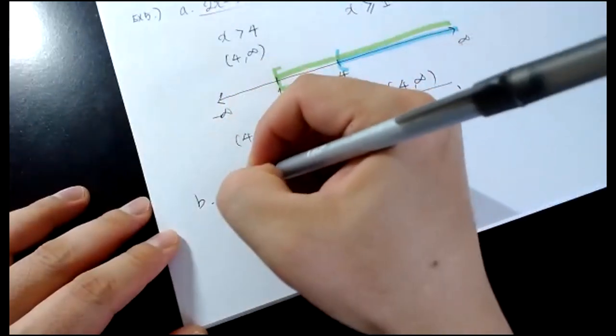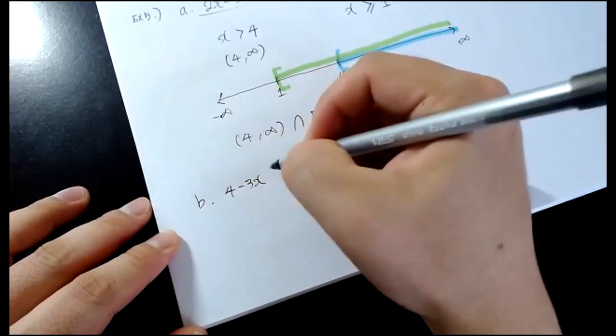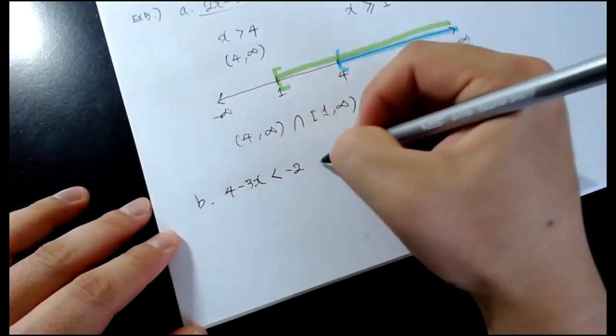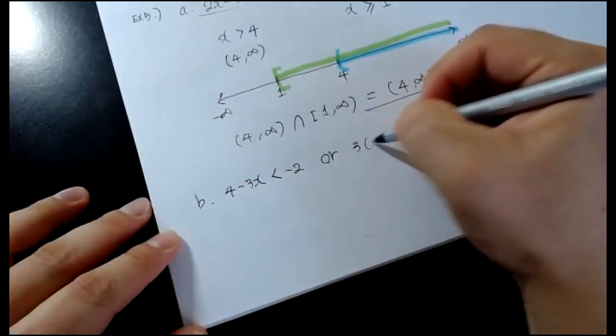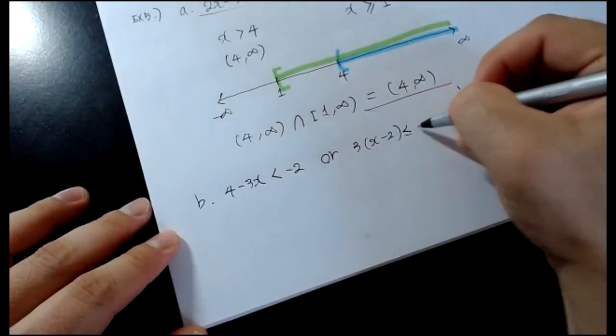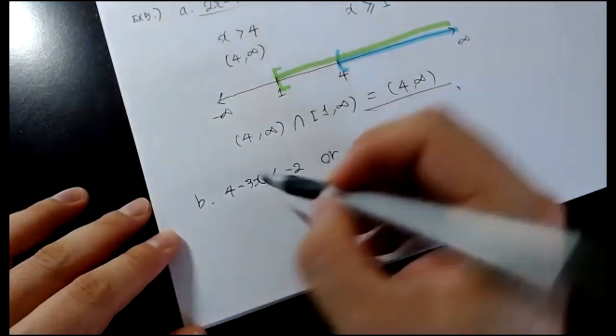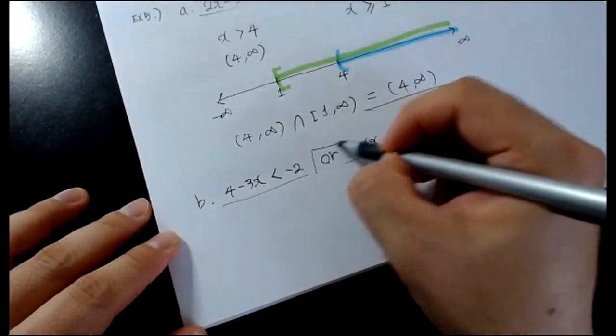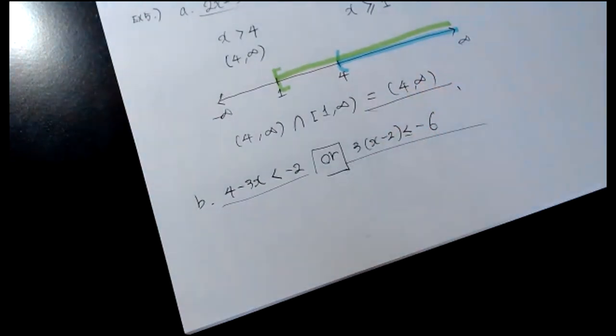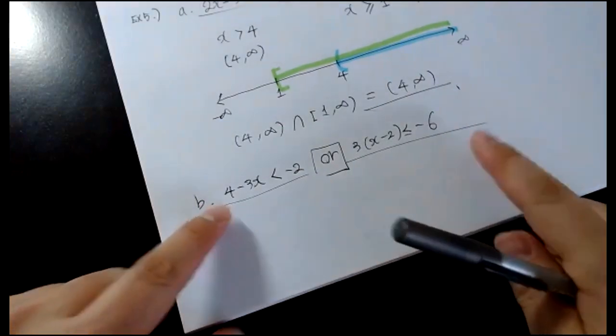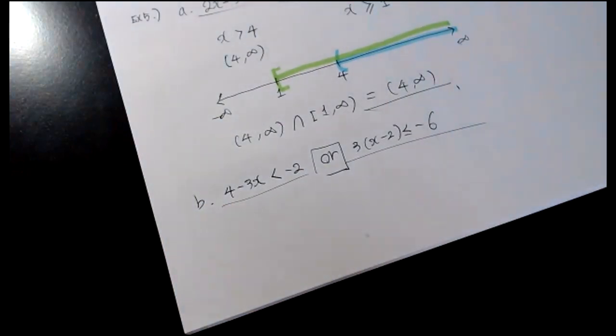4 minus 3x is less than negative 2, or 3 times (x minus 2) is less than or equal to negative 6. You see that two linear inequalities are coupled with the connector "or". Here's the strategy: we find the solution set of those two linear inequalities, and then we find the union of those two solution sets.